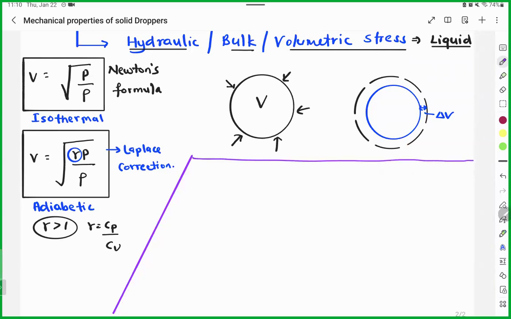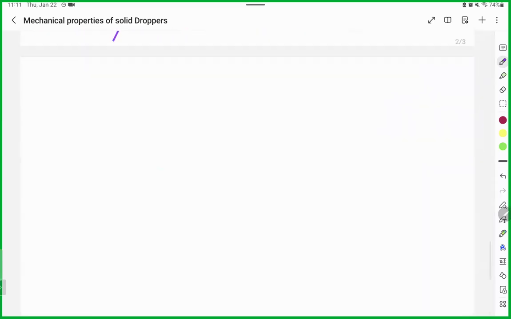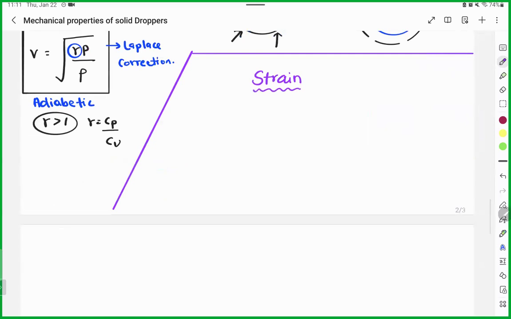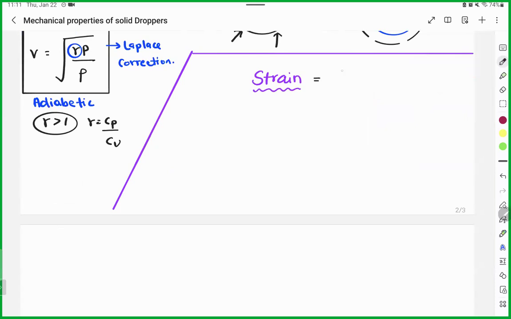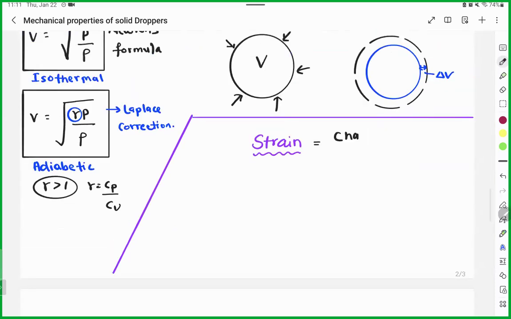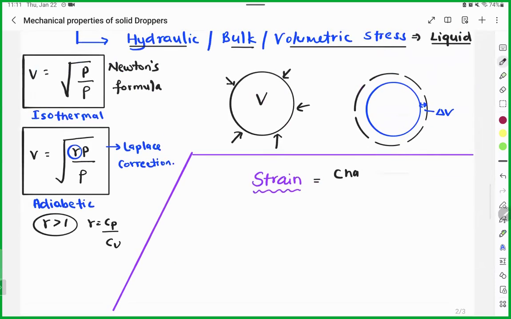Strain. Change in configuration divided by original configuration.